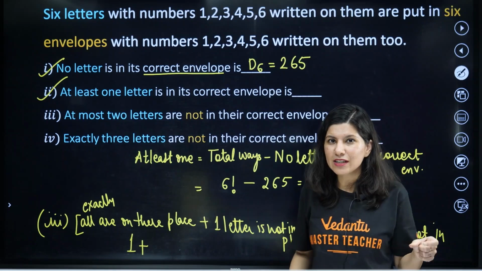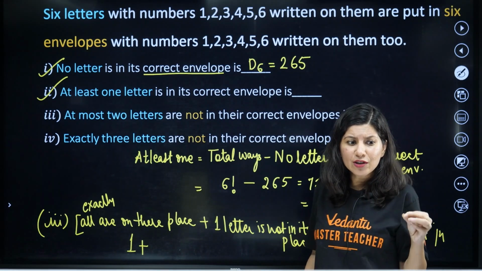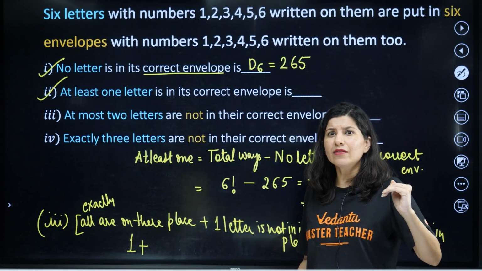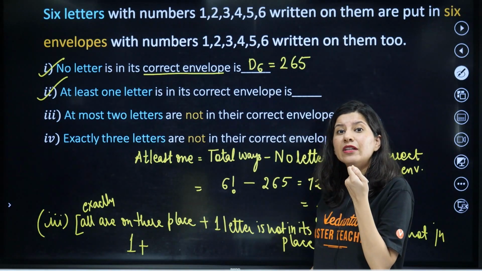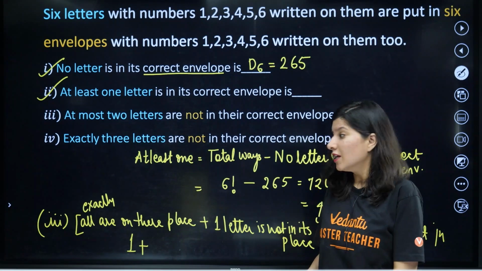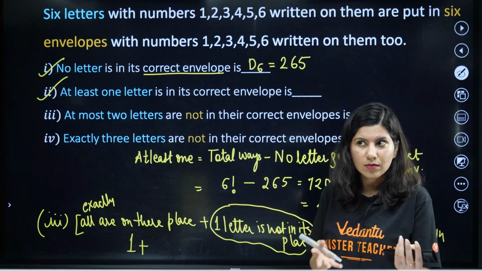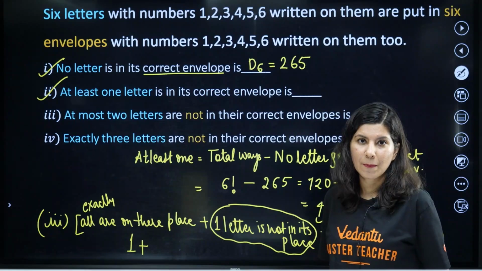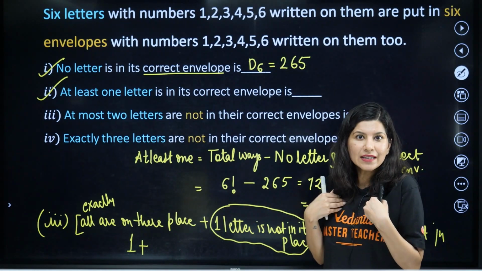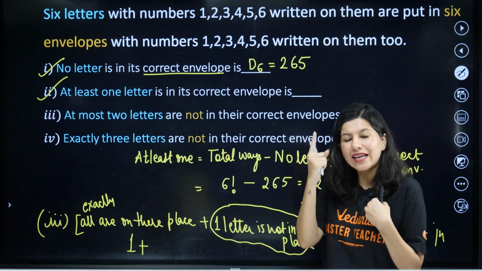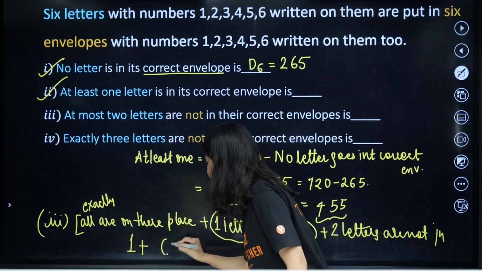If I am making sure that the first letter goes into the 5th, then what will happen with the 5th? The 5th will go into some other. So this is not possible, that 1 letter is misplaced and everything else is not disturbed. It happens. If a student takes your place, then what will you do? Automatically you will get disturbed. So exactly one person getting disturbed is not possible. Minimum 2 will get affected. So that's why this is not possible.